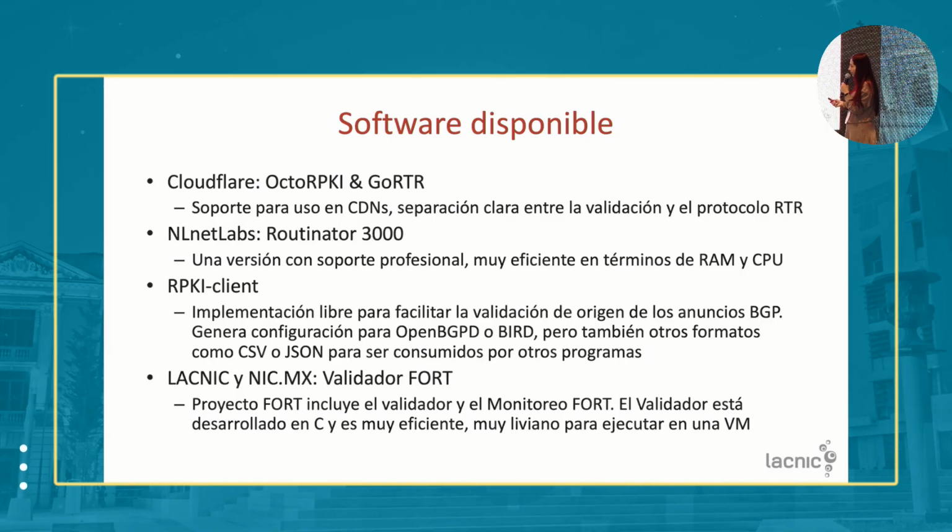Another very widely used is Routinator 3000. All of these software serve the same purpose. These are open source software that can be installed in local servers on premise, and it will be the validator cache, and depending on how we configure them, they will query the repositories, retrieve it locally, and deliver that information to the routers.